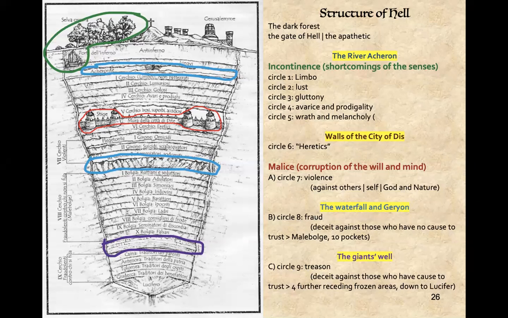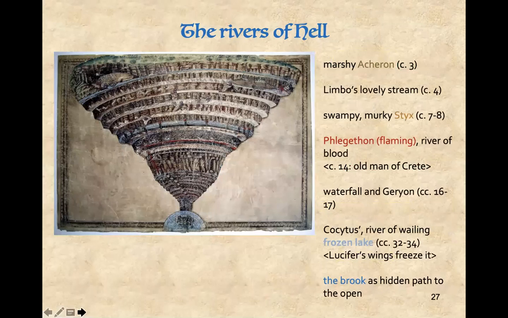So treason is deceit against those who have cause to trust. And at the very bottom, they will meet with Lucifer, the sovereign, the emperor of hell. So we will go through, however briefly, this structure, this hell with Dante.